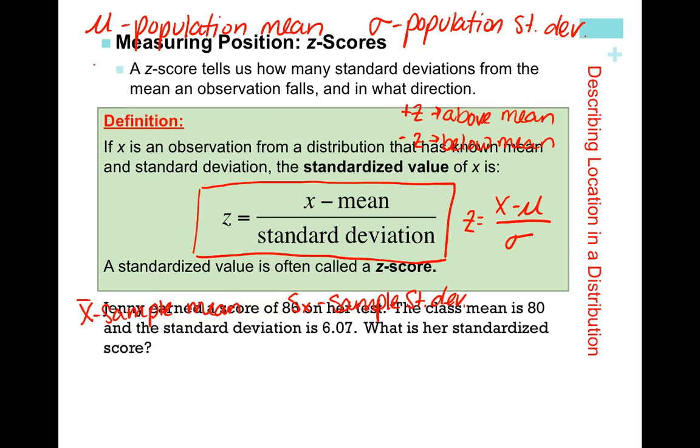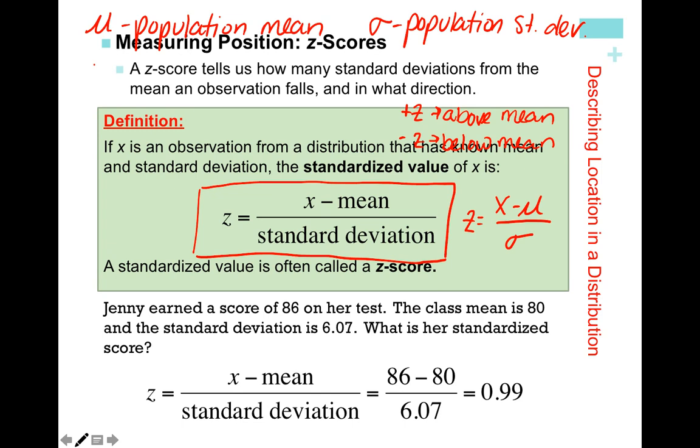Here, I'm going to get rid of my notations for sample mean and sample standard deviation so that you can read the question. It tells us that Jenny earned a score of 86 on her test, which we know from the stem plot. It gives us the class mean, which is our population mean, and the standard deviation. So we can find her standard score by using our formula: her score of 86 minus the mean of 80, divided by the standard deviation of 6.07.